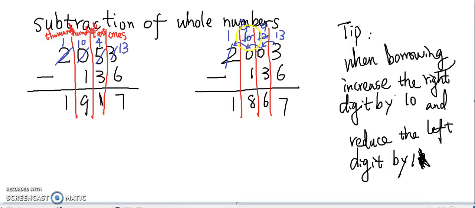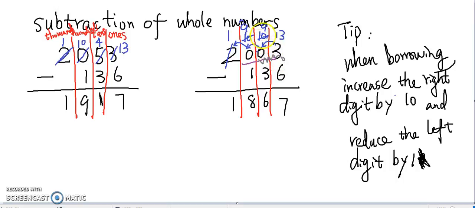when you do the borrowing again, the left side digit, so now we are looking at these two, the left will be decreased by 1, so it goes from 10 to 9. The right will be increased by 10, so it goes from 0 to 10. And then again, because 3 is trying to borrow from this place, now we're looking at these two right here.